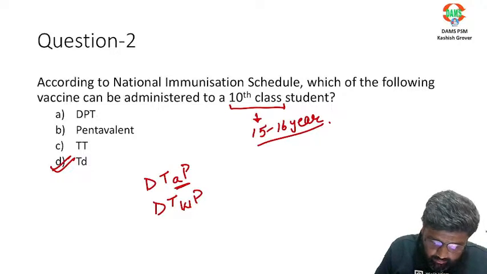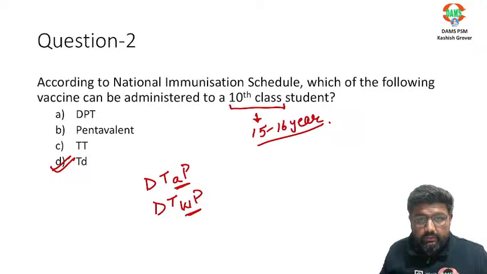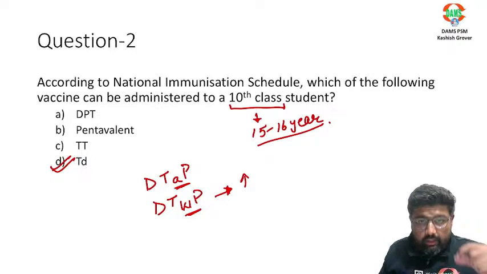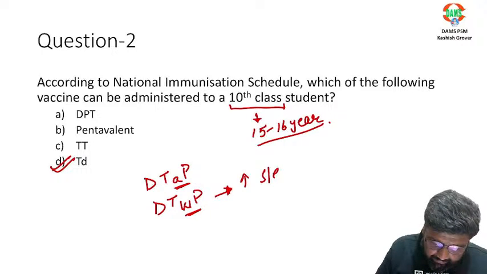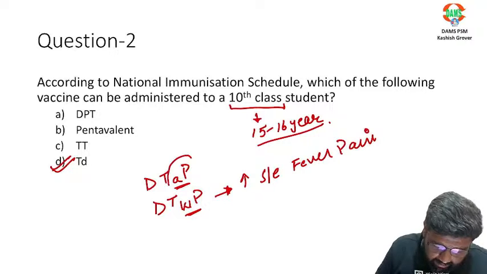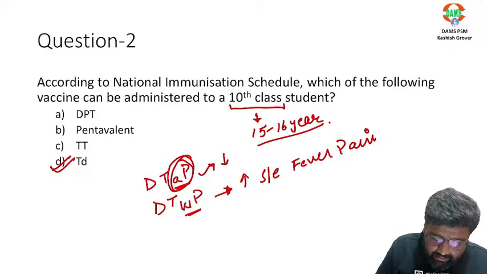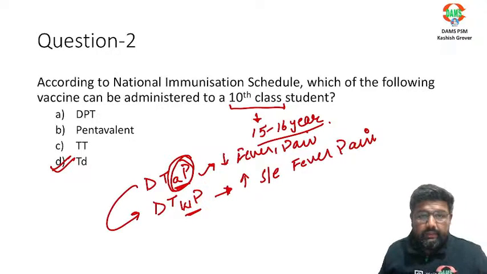The difference is this whole cell pertussis gives more side effect like fever, pain. If we are using acellular pertussis component, it has less chances of fever and pain as compared to this, right?